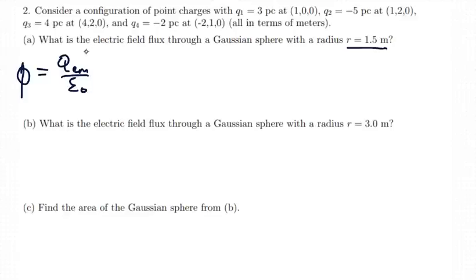but for us to know the charge enclosed, we're given four charges, and we're asked to determine which charge is enclosed within this radius. So for us to know the specific charge, it's better to determine the distance of each charge from the origin.